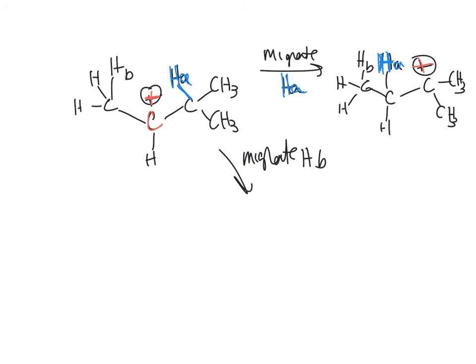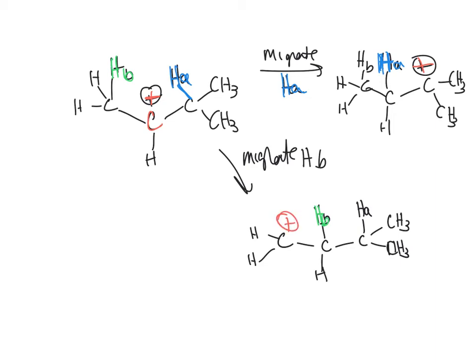And then let's do the next one. If we migrate HB, we're going to draw the carbons just the same. So I'm going to draw the framework. HA stays in its place. Now we switch places. So HB goes here, where the carbocation was, and then the carbocation goes where HB was.